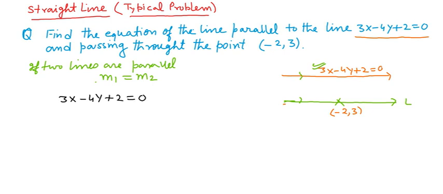First of all, we will find the slope of this line. So we should try to transform this general equation into this form, that is y is equal to mx plus c. Minus 4y will equal to minus 3x minus 2. Divide both the sides by minus 4 this way.